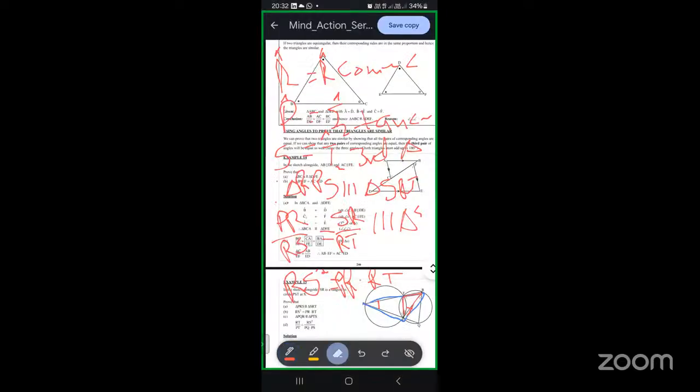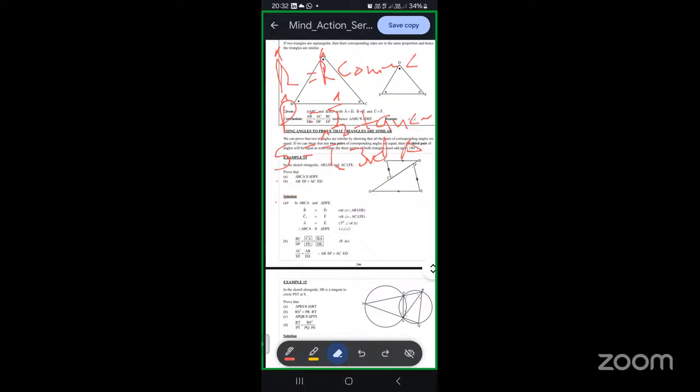Now let me erase this. But keep in mind that RS squared is equal to PR times RT.